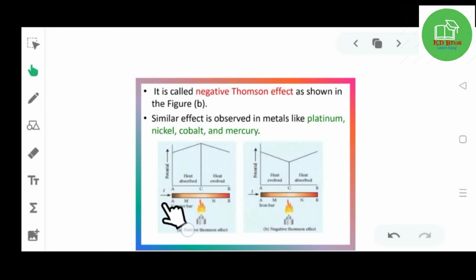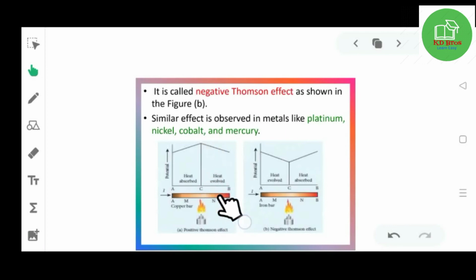Now the point A attains a very low potential because it becomes very cold, and from C to B heat is evolved. Now the potential will be varying from A to C, so from minimum to maximum, and again it will be varying from C to B because C becomes a very hot point, so high potential will be attained.